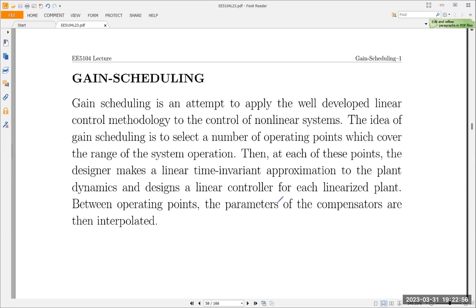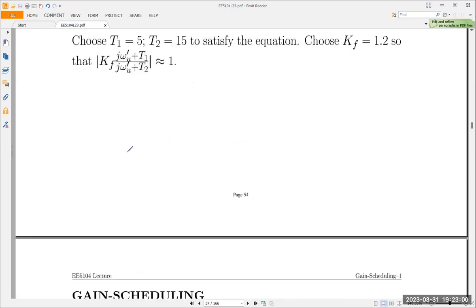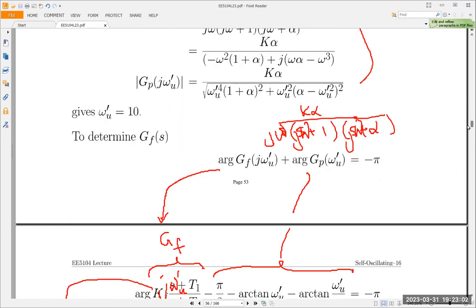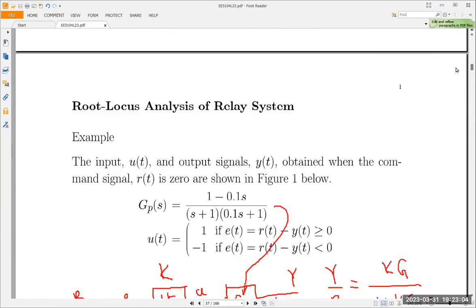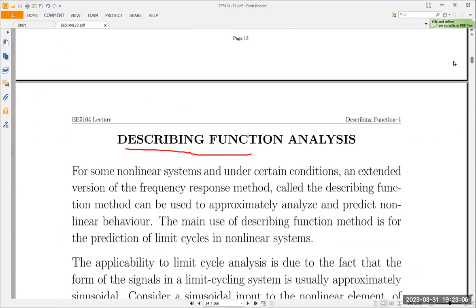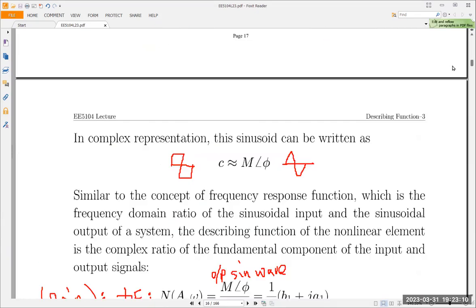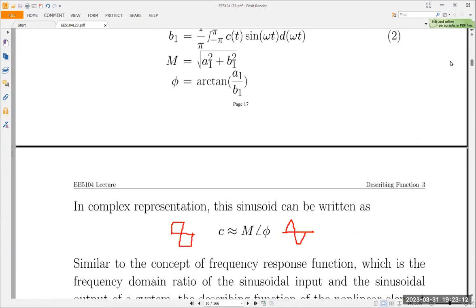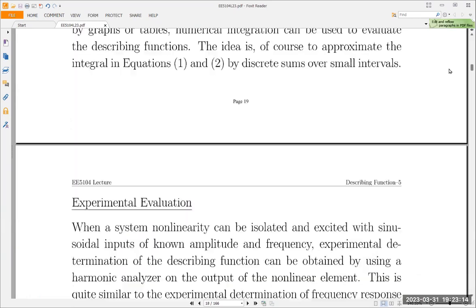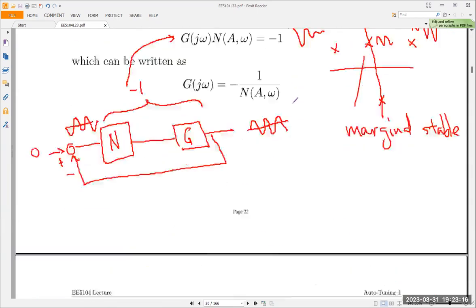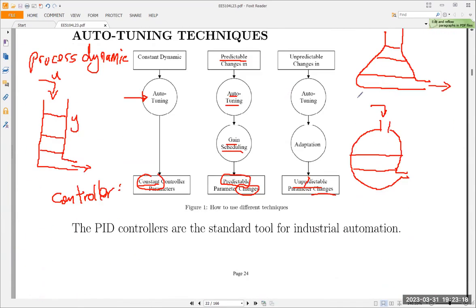Now I told you about gain scheduling before without telling you, the story was here. I tell the story here about gain scheduling. Gain scheduling is here. So now we are talking about this one.